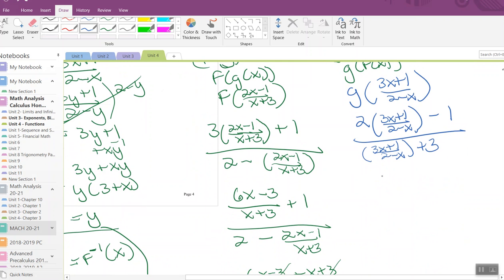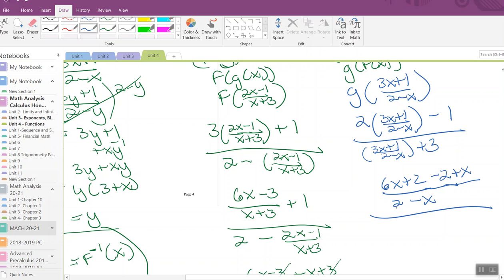Multiply by 2 first, so you get (6x plus 2) over (2 minus x). And then if you get the common denominator of 2 minus x, you have to distribute the negative, so you get minus 2 plus x.